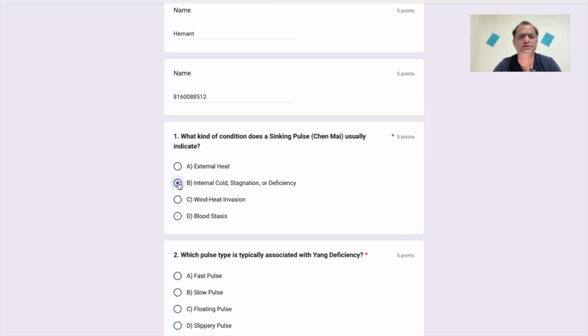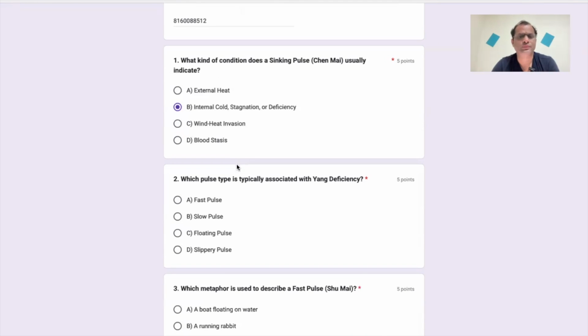It is telling about some very deep condition: internal cold, stagnation, deficiency. Sometimes we say spleen chi sinking, which means severe deficiency of the spleen. Whenever we talk about sinking, heart sinking, any chi sinking, kidney sinking, it is a very deficient condition.